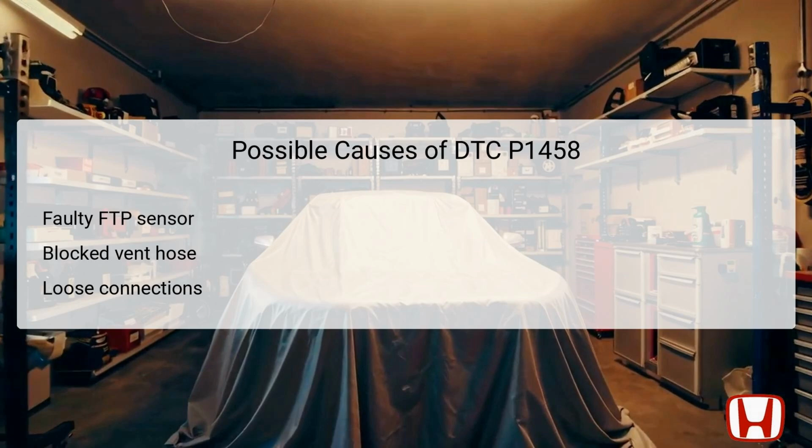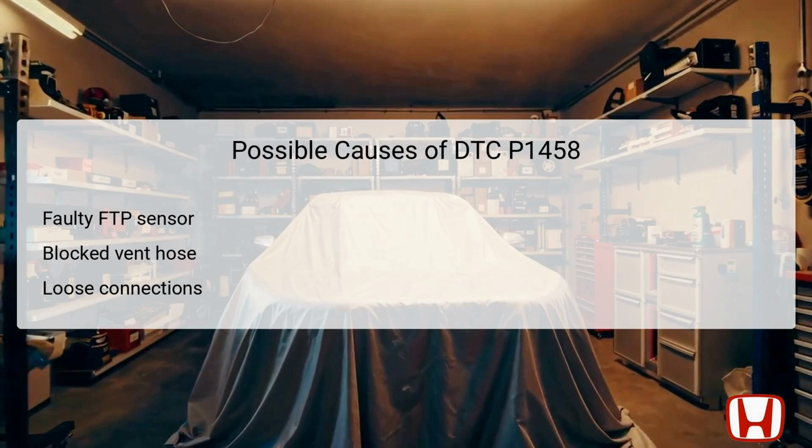A faulty FTP sensor is the primary concern, which may not function as expected, leading to inaccurate pressure readings. Additionally, a blockage in the vent hose can affect the airflow necessary for the proper operation of the FTP sensor, thus causing performance problems. Loose or corroded electrical connections to the FTP sensor or the powertrain control module, PCM, can also contribute to erroneous sensor readings.